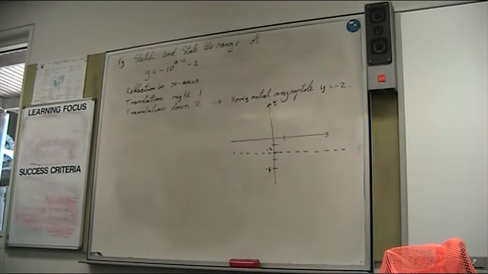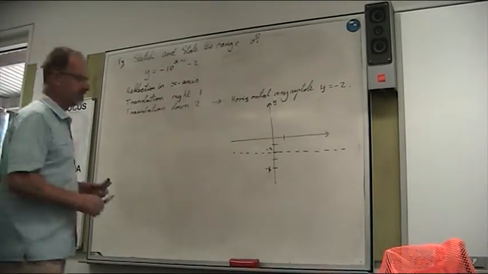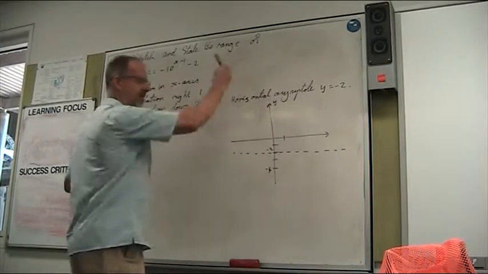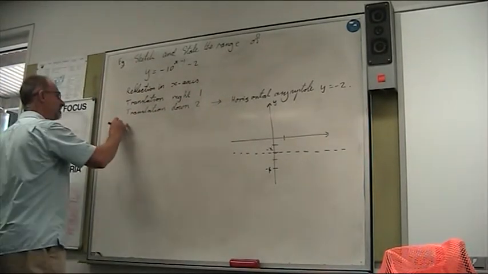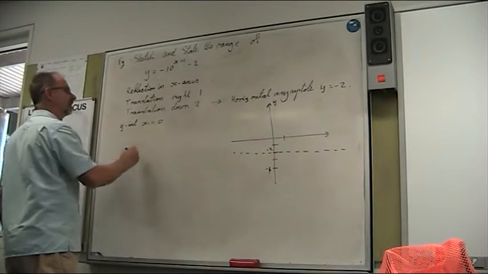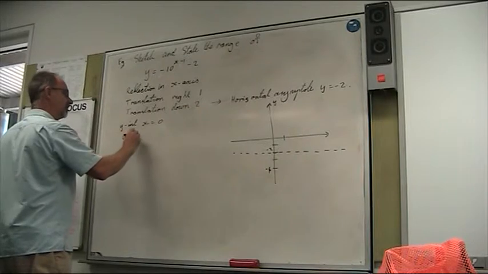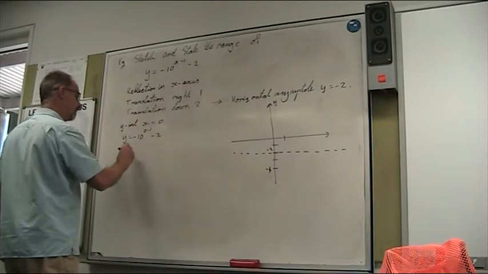It would be handy to find some other points. The y-intercept is the obvious one. So y-intercept is when x equals 0. So y equals negative 10 to the 0 minus 1, minus 2.